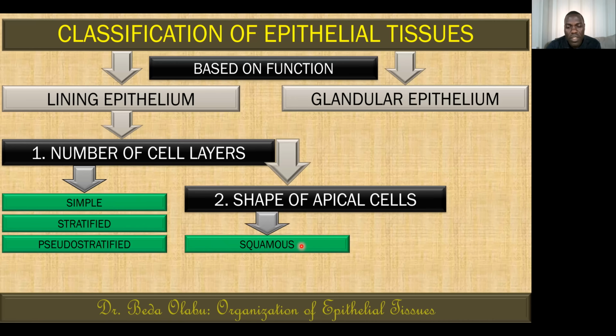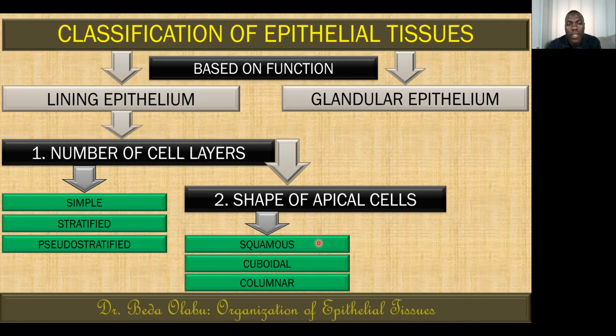Can be squamous shape, can be cuboidal shape, can be columnar shape. Again, I'll be demonstrating to you how these appear. So most of the time, lining epithelium will be classified first based on number of layers of cells, and two, based on the shape of the cells.